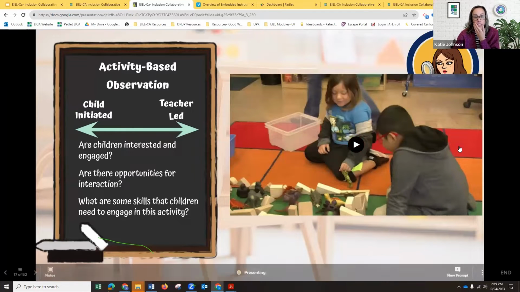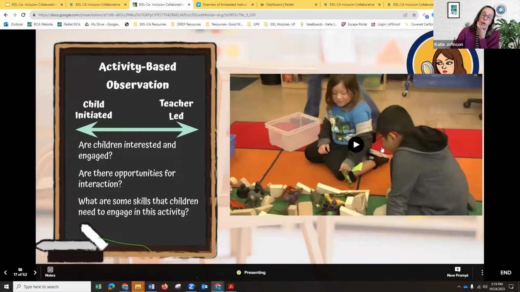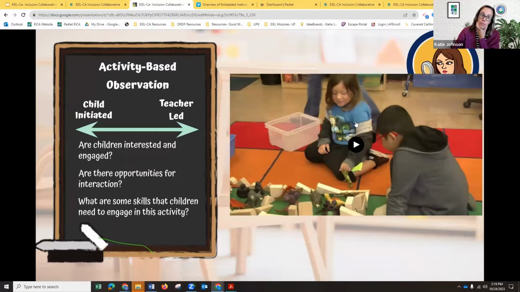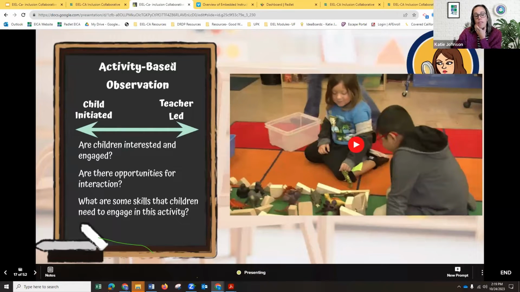So we are going to watch a video together of Ryan playing with Oliver. And we want to look at some of the features of this activity. We want to see, is this more of a child-initiated activity or a teacher-led activity? I want you to be thinking, are children interested and engaged?